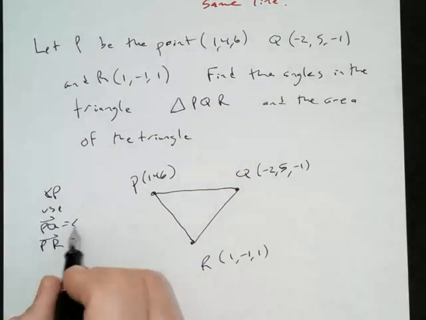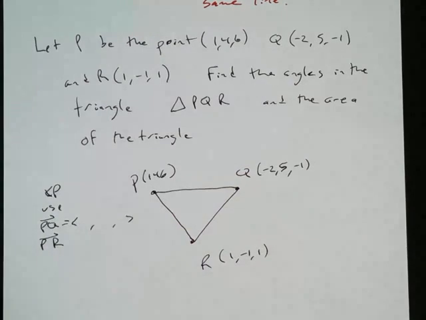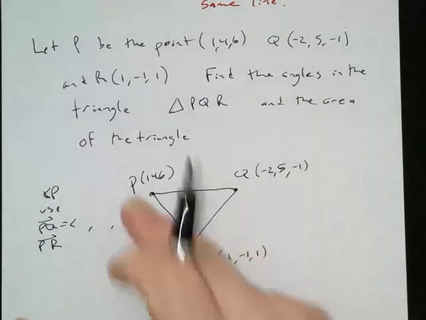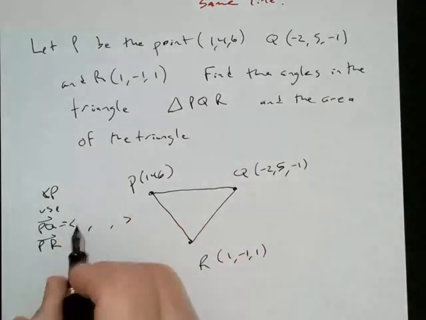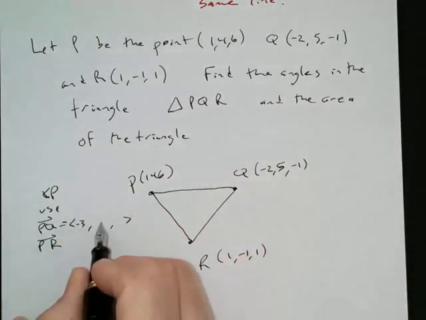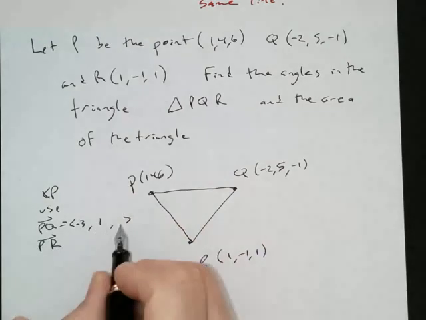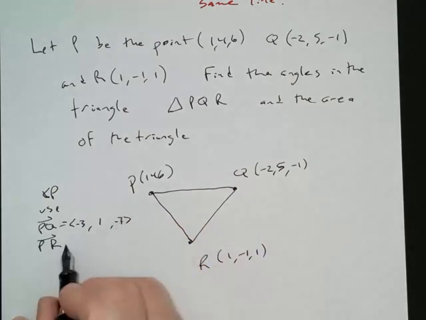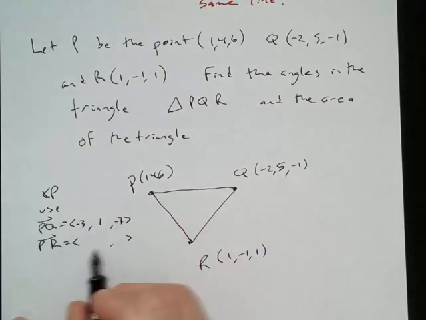What is the vector PQ? Exactly. It's the points at Q minus the points at P. So it would be perfect. And then PR would be the points at R minus the points at P.